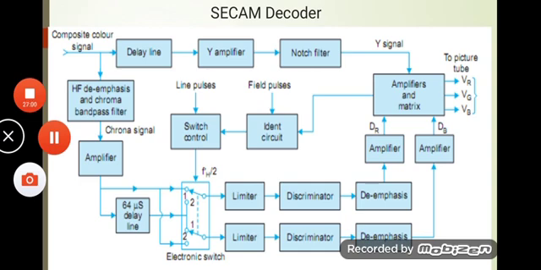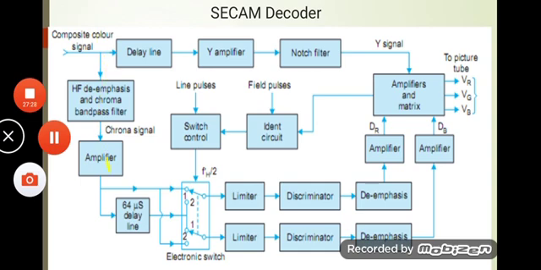So this signal will be stored for 64 microseconds, which means it will be storing that particular line information only. Whenever the composite signal comes, after certain filters, one signal will be processed as it is till here, but the same signal will be stored here for 64 microseconds.